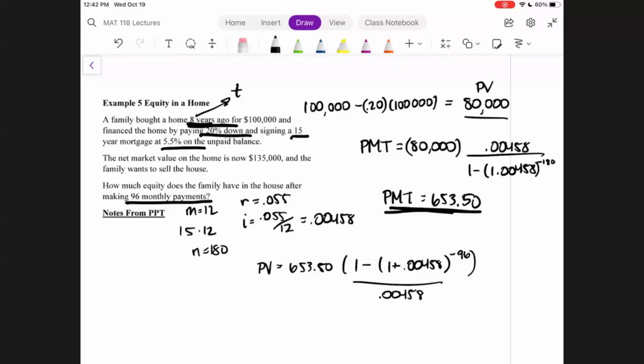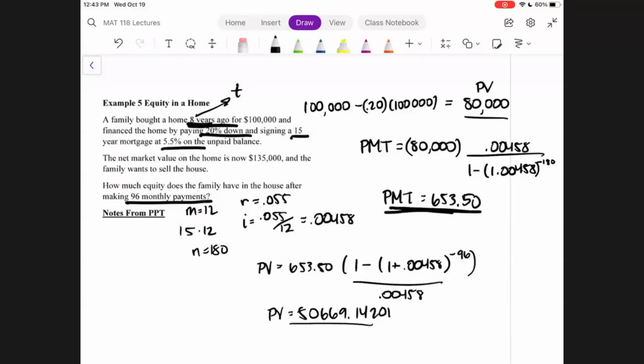So if I compute this, let's see, what would I get? So your present value currently is, right. So we're just going to say it's 50,600.